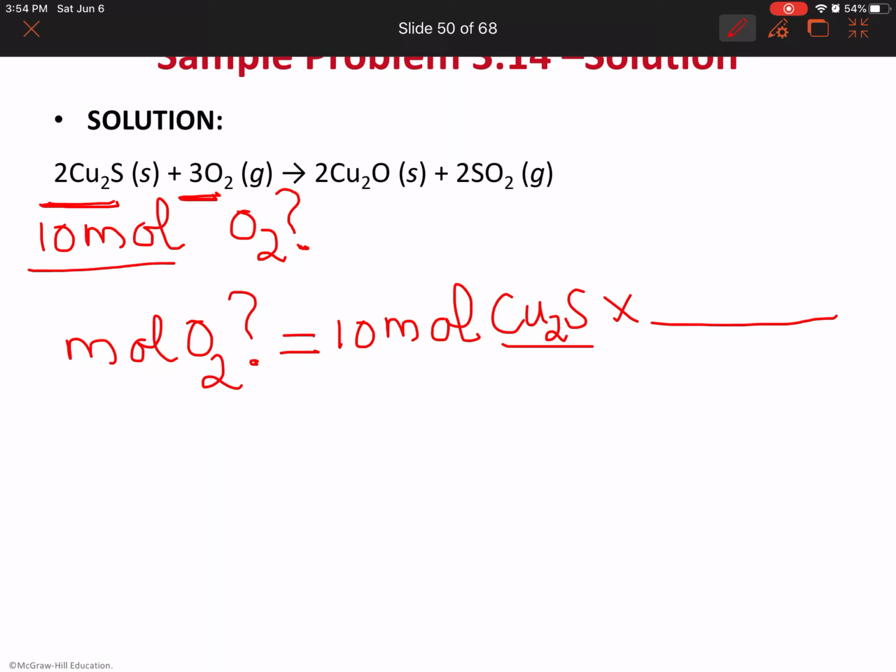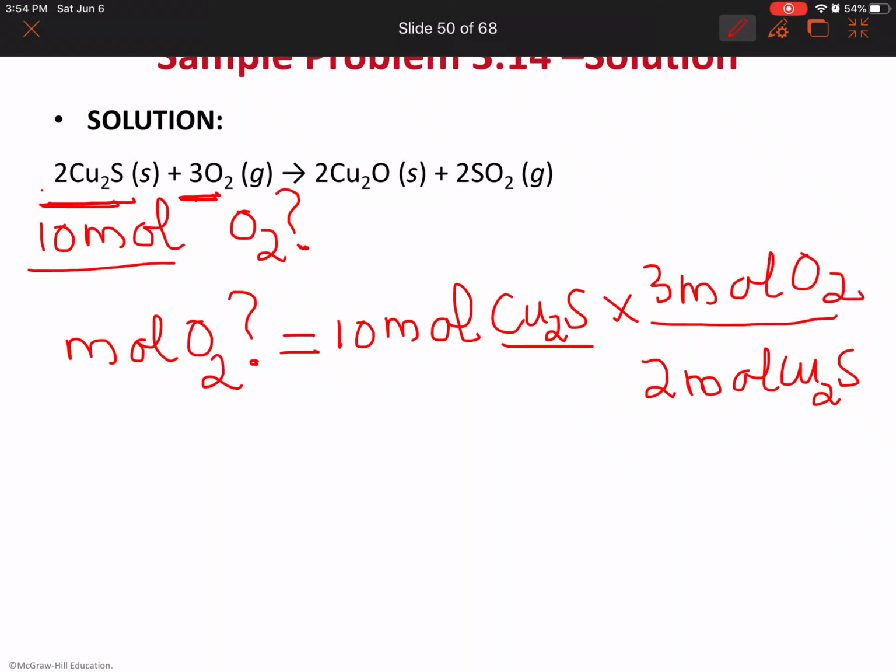So the balanced equation tells us 2 moles copper sulfide react with 3 moles oxygen. So you put 2 mole copper sulfide, and then you put 3 mole oxygen in your numerator.